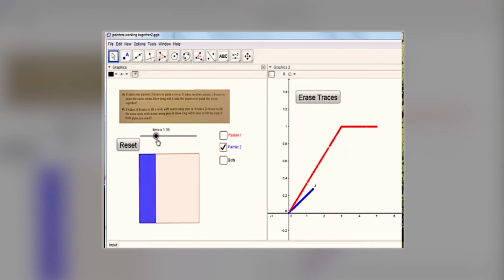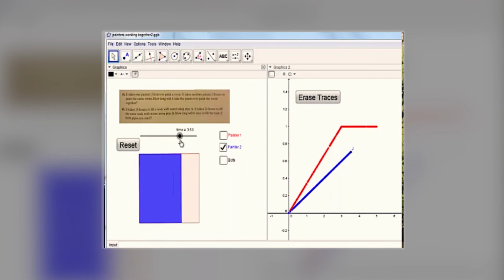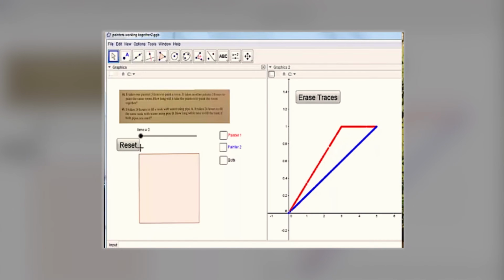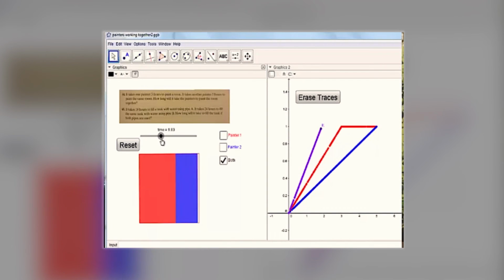And the reorganization is this linked representation where instead of just representing the amount of wall painted as a function of time using the algebraic expression, we also come up with the linear expression. And so the idea of painting together becomes adding up the 2 mathematical functions there. And I think that's really powerful for students to reorganize the way they think about the mathematics.